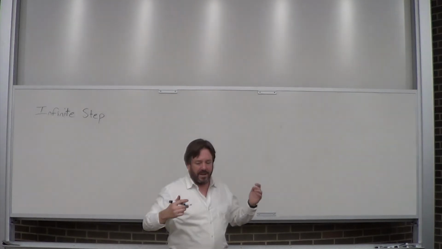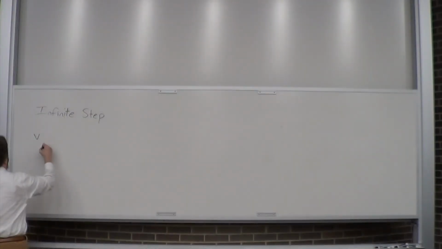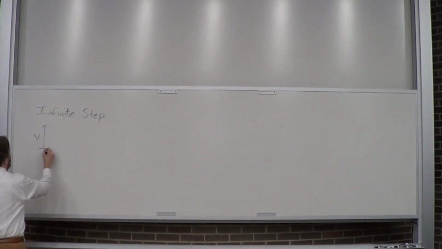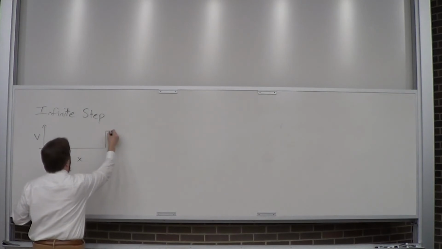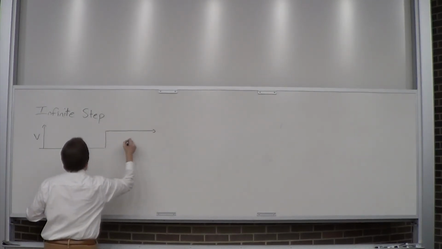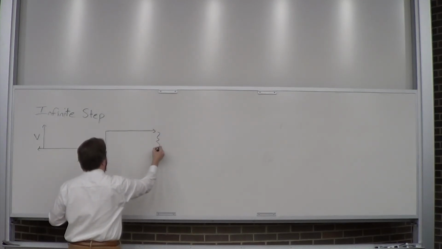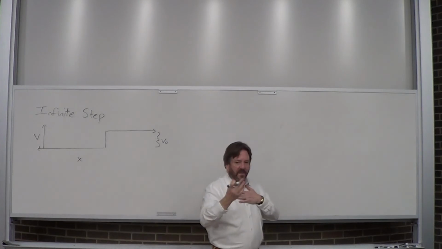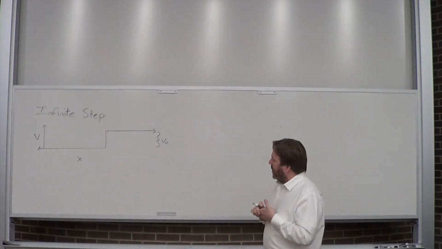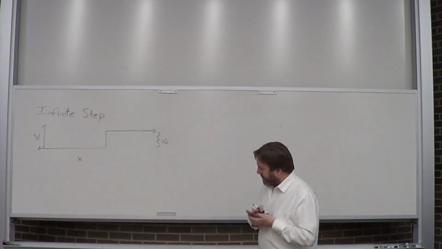So these are all potential surfaces. We're still in one dimension. So let's plot potential energy on the right. We have x as our axis, and we're going to have a step. The step goes on forever to the left and right, and it has a height, an oomph of V naught. Notice that it's basically like half a box, half a finite box.